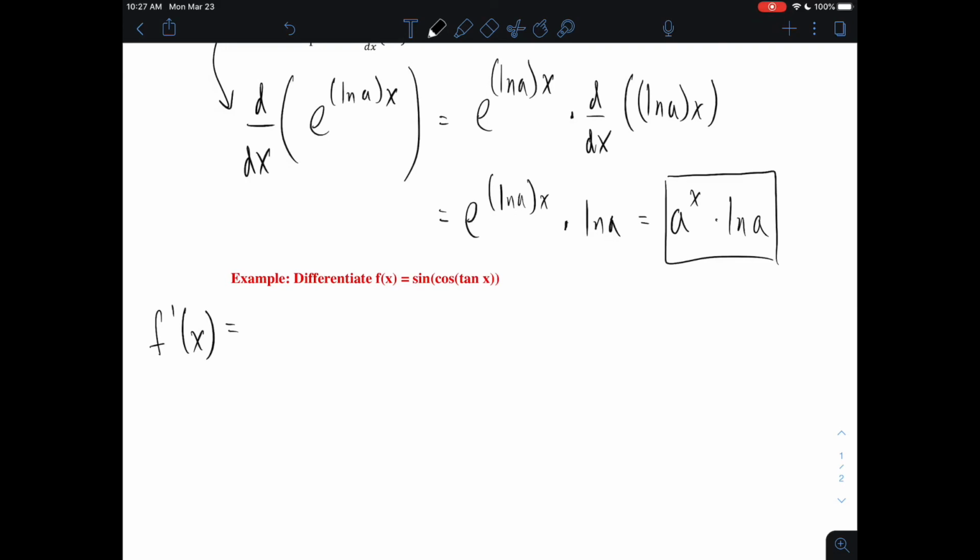So first I have the derivative of the function that is way out on the outside, the sine function. That's cosine. And then I have to evaluate that at what was inside the sine function, cosine of tangent x. But then I have to take the derivative of what was inside the sine function.